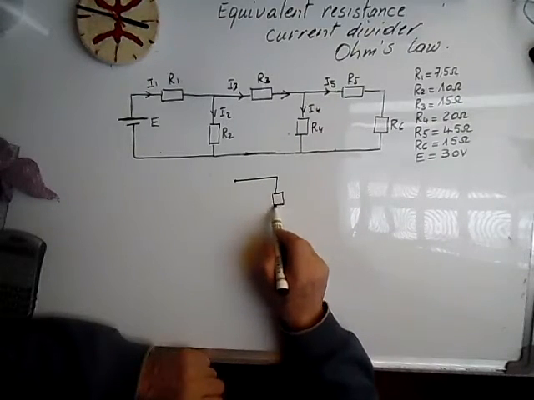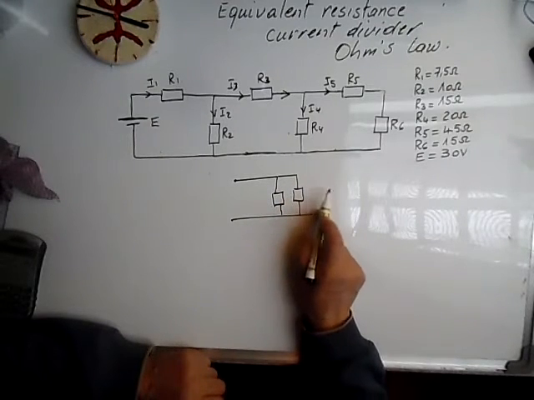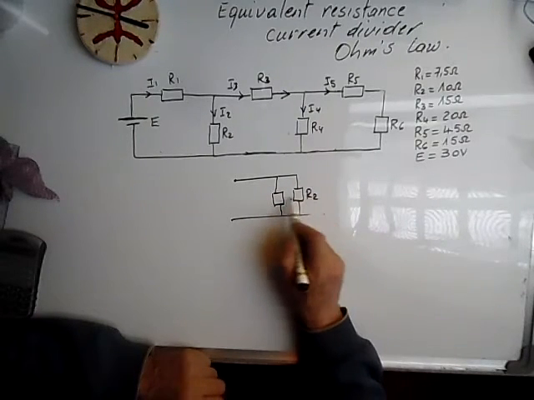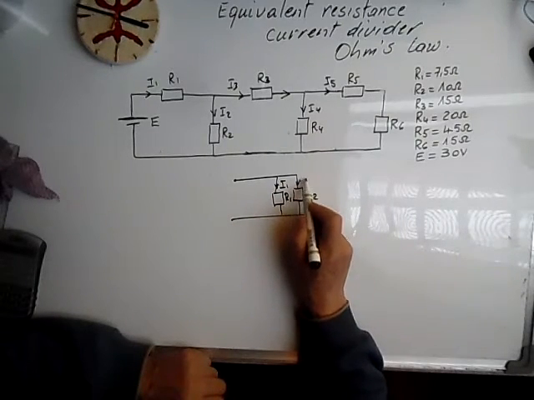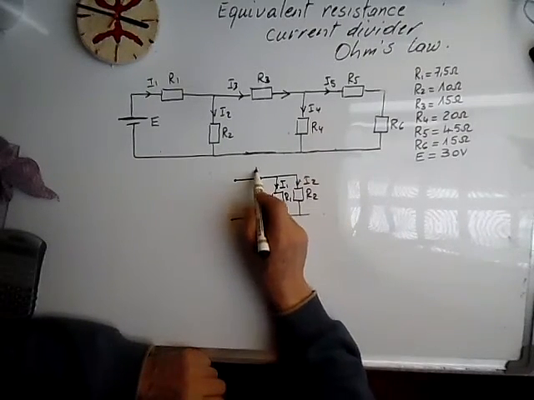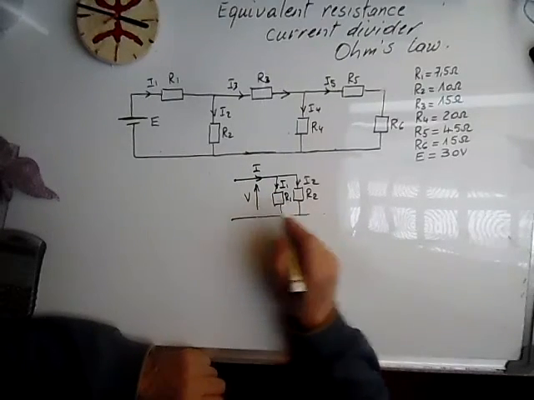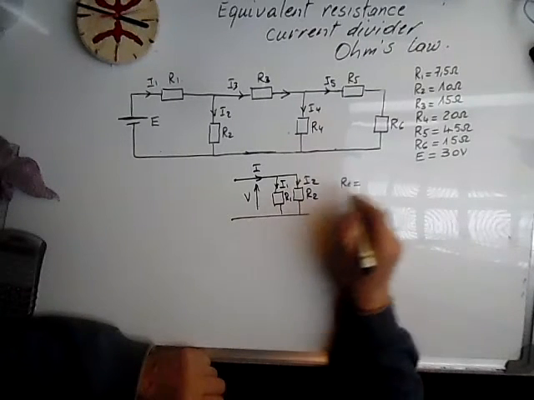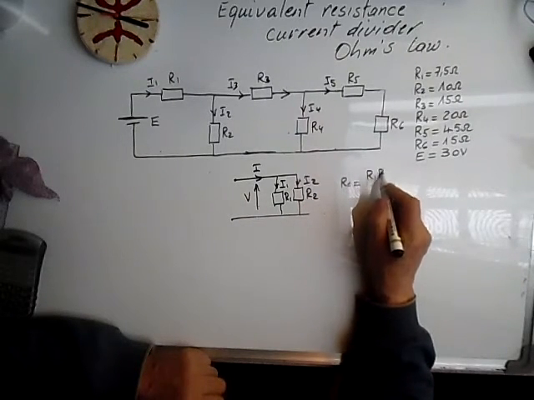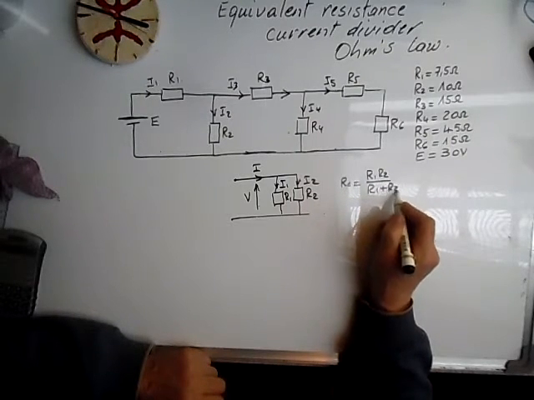If we have two resistors in parallel, and if we want to calculate the current flowing in these resistors in function of the main current, then we know that the equivalent resistance of this circuit is R1 times R2 over R1 plus R2.